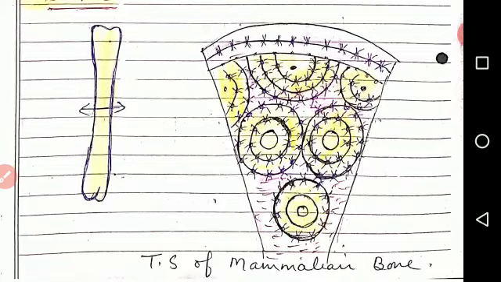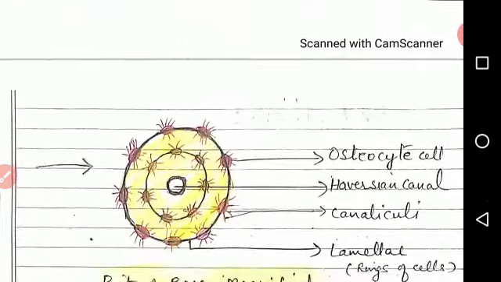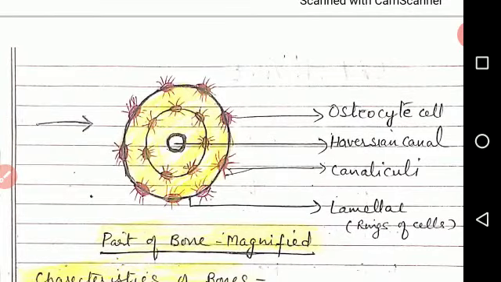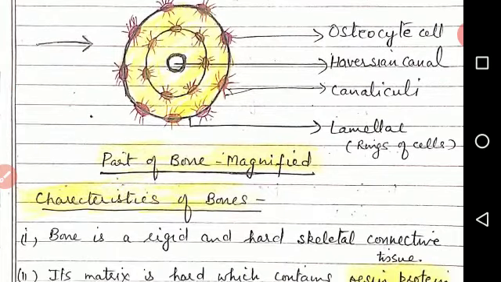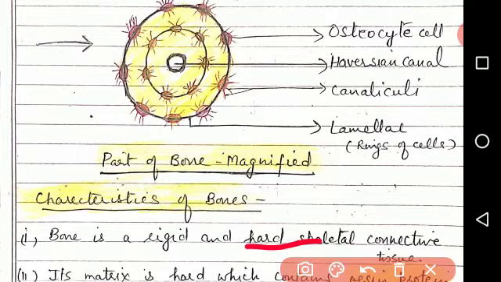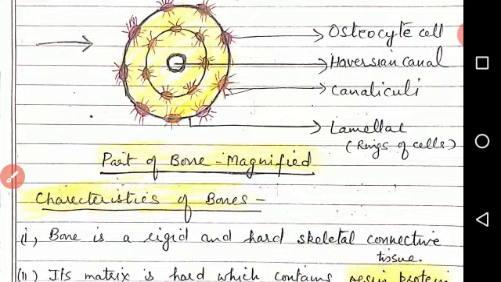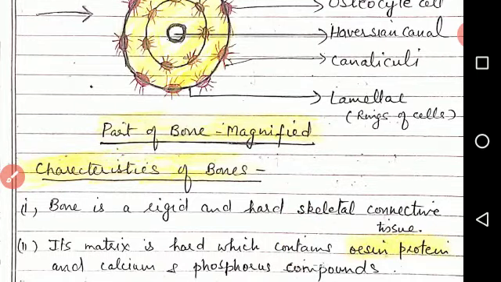Here is the diagram of transverse section of a mammalian bone. And here is the diagram of a magnified part of the TS of mammalian bone. So, characteristics of bones. Bone is a rigid and hard skeletal connective tissue. Second, its matrix is hard, which contains ossein protein and calcium and phosphorus compounds, which impart hardness to the bone.